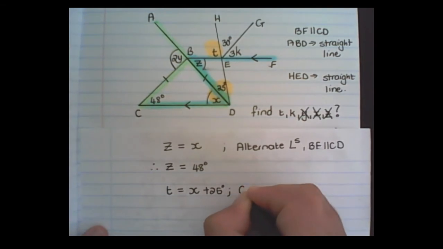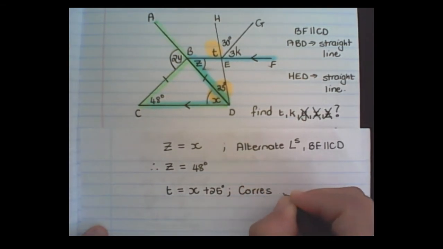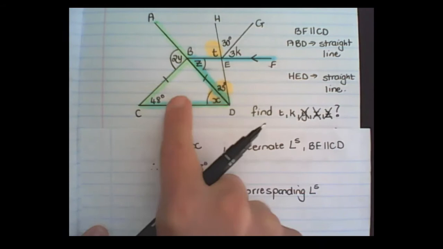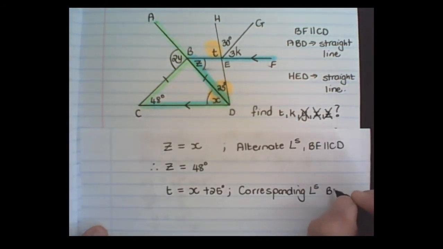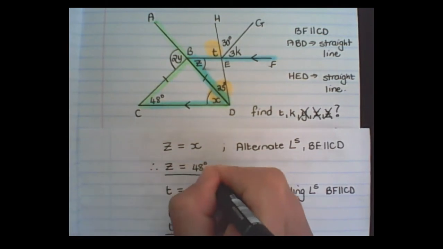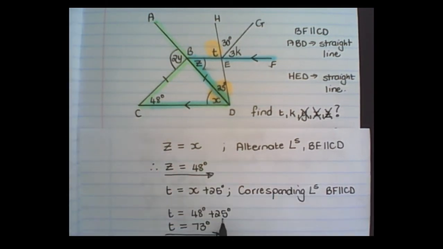And the reason is corresponding angles. I can use corresponding angles because BF is parallel to CD. And we know the value of x is 48 degrees. So 48 plus 25 is 73 degrees. Remember, in angle sizes, once we solve them, we need to show degrees as our solution.